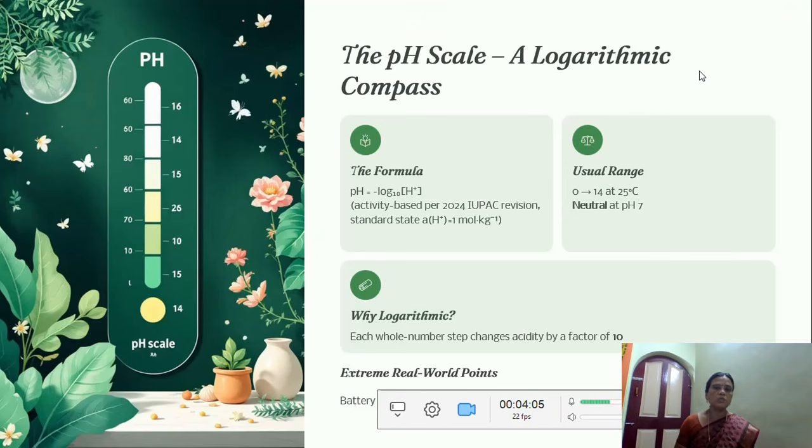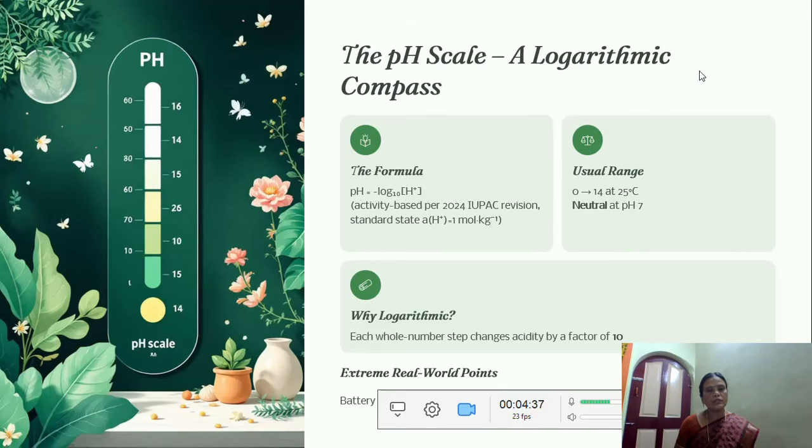The next one is the pH scale. The pH scale is used to define a substance as an acid or a base. The scale ranges from 0 to 14. If a substance has a pH value below 7, it is categorized as an acid, and if it has a pH above 7, it is categorized as a base, and if the pH is equal to 7, it is known as a neutral substance.